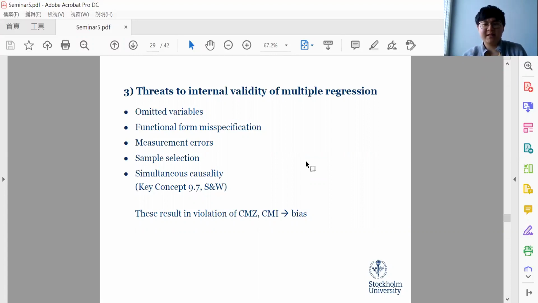Simultaneous causality means that not only can X affect Y, but also Y can affect X. So the most classic example is, for example, the size of police and the crime rate. Not only can a bigger police size reduce the crime rate, but also the other way around.